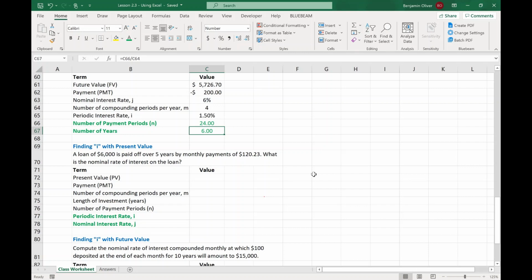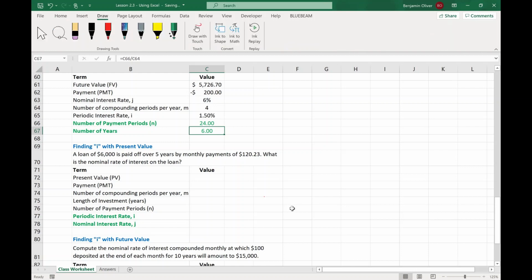What is the nominal rate of interest on the loan? So it's asking for the nominal rate of interest, okay? But anytime you're solving for these, remember, we don't use the nominal rate of interest in any of our formulas. We use the periodic rate of interest. So you're always solving for the periodic rate of interest, and then you have to use that, and your number of compounding periods, to convert back to a nominal rate of interest, okay?